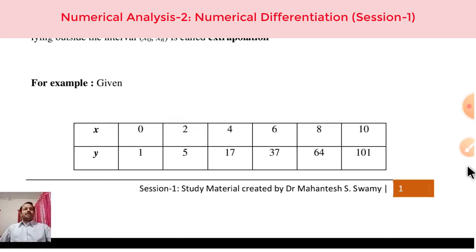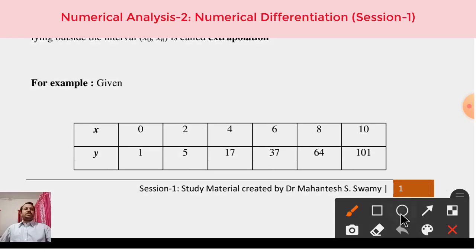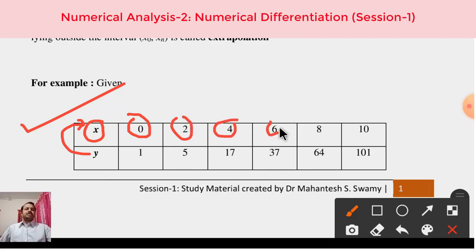For example, here is one simple thing I have displayed over here. Please look at this table. With the help of this table, we can estimate the value of y at some value of x which is not 0, 2, 4, 6, 8, 10.